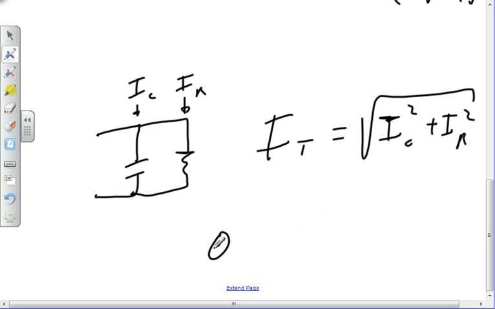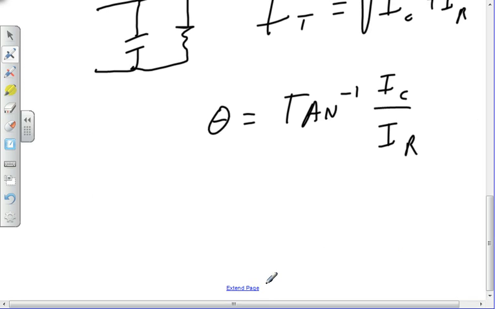And I have a phase shift in the circuit. The phase shift is going to be the arctangent of the Y component, IC, divided by IR. So I can calculate a phase angle.